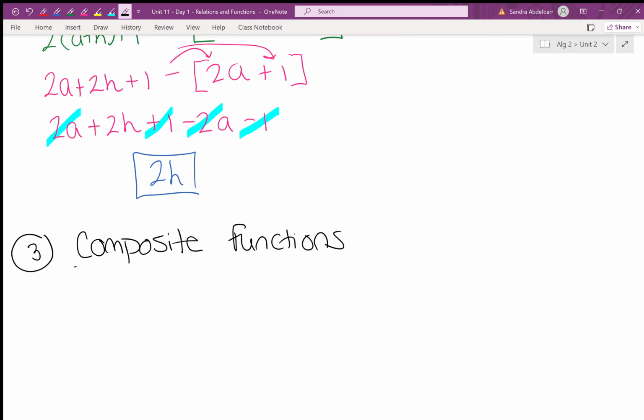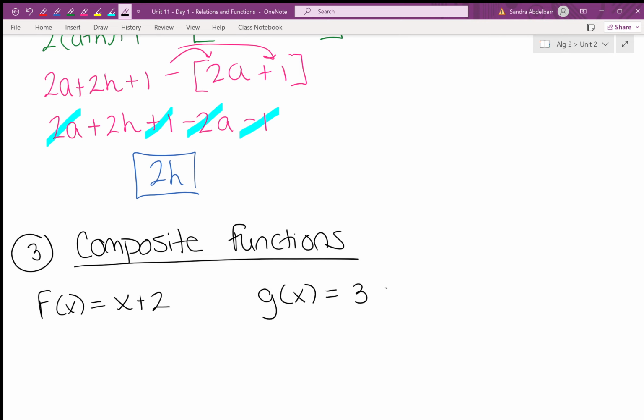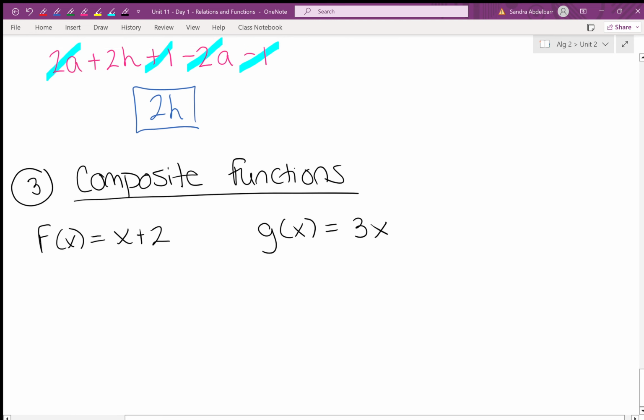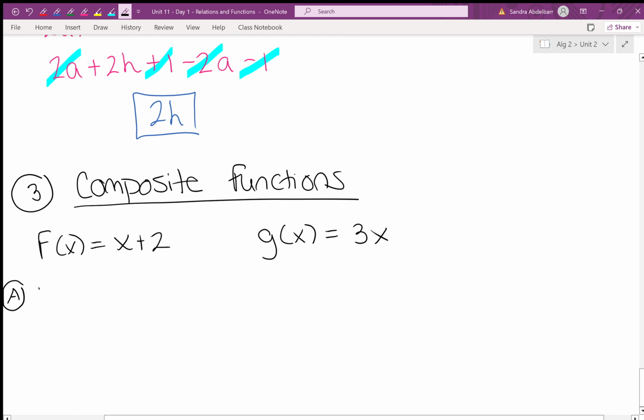So let's say I told you f of x equals x plus 2, but then I also told you g of x equals 3x. We're going to start off simple. I want you guys to do this one on your own. I want you to find f of 2 on your own.